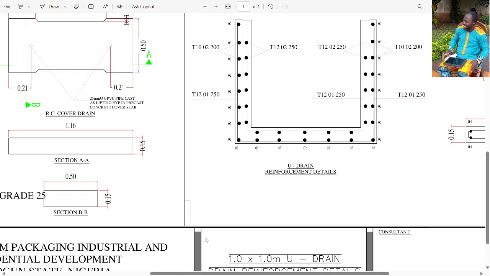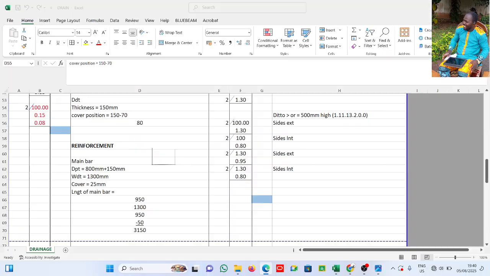right? Okay, now let's come back here and see how. So this is the main bar. We have 800 plus 150. That's the depth. The width here is 1300. We have cover of 25 mm.